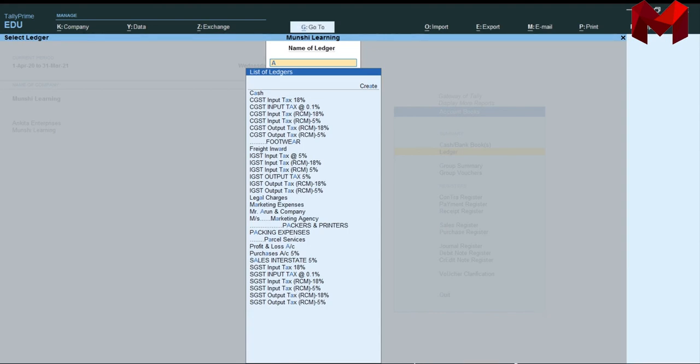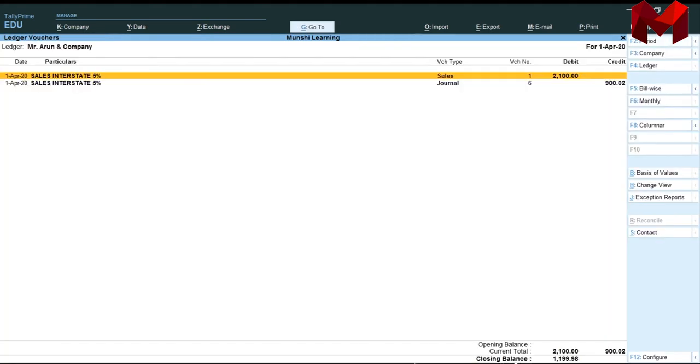Arun and Company. You can see this. Earlier, the amount was debit 2100 rupees, which was inclusive of GST, which means that we were about to take 2100 from Mr. Arun. Then we have issued a credit note against sale.